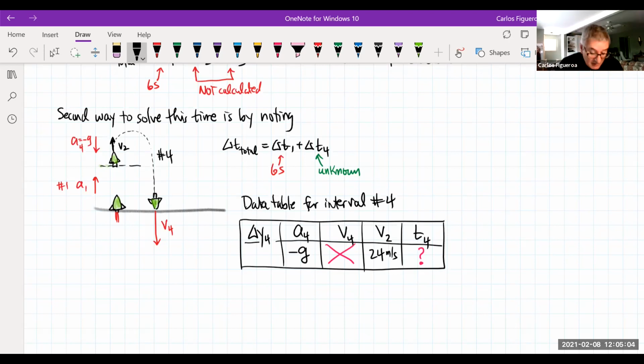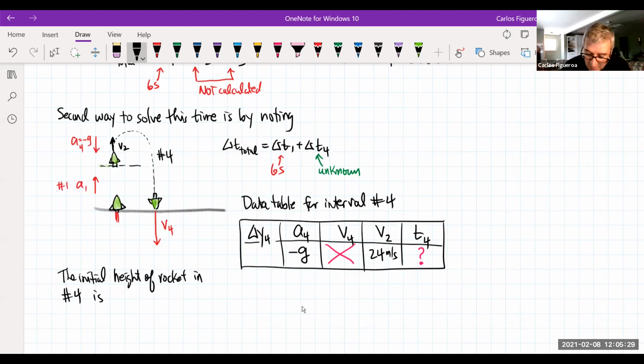So the thing about it, where is the initial height of the rocket? So let's go look at this distance here. The initial height of the rocket in interval number 4 is what?